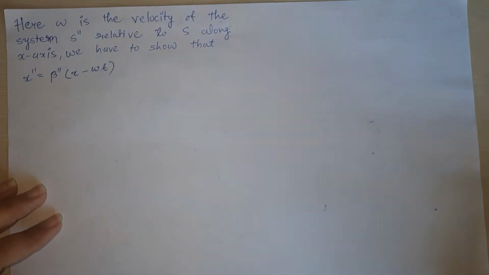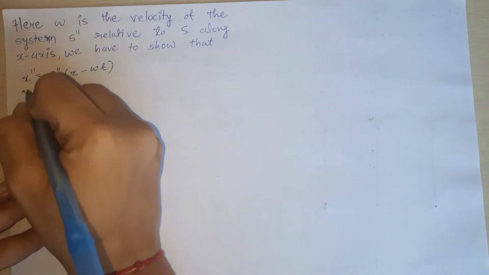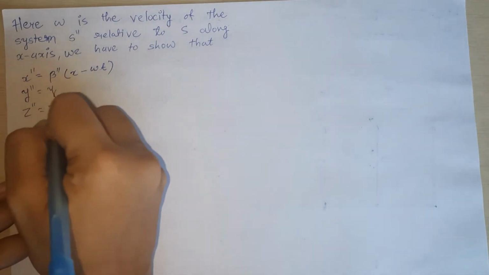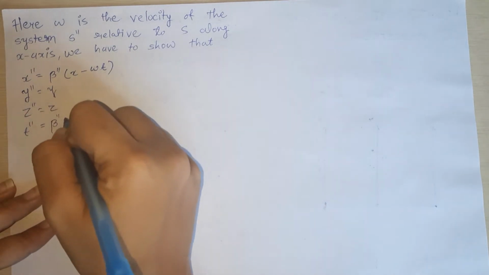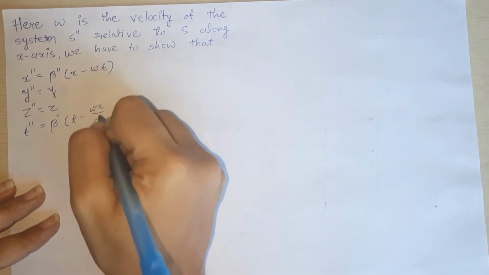That is, S double dash is connected to the S frame. y double dash is equal to y, z double dash is equal to z, and t double dash is given by beta double dash into t minus Wx upon c square.